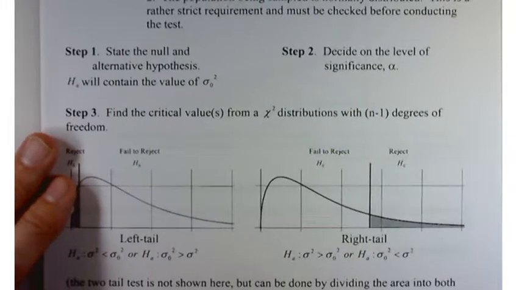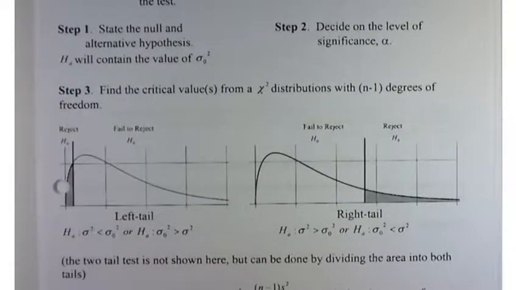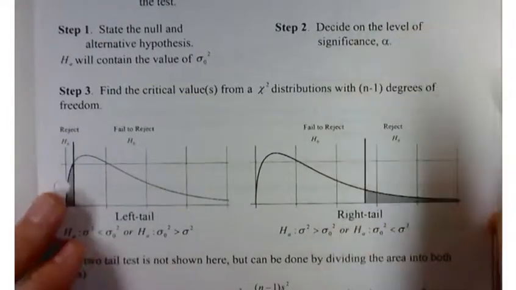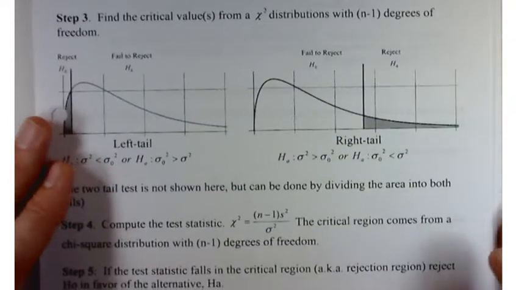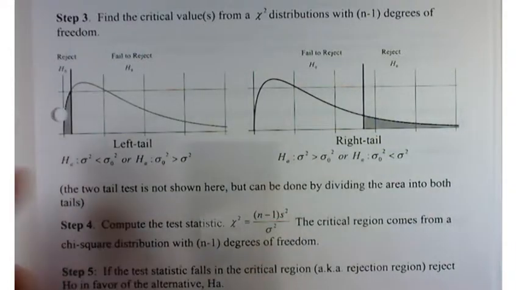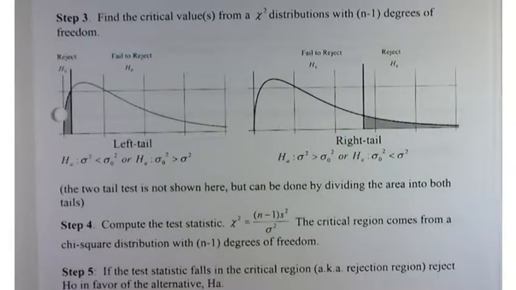Now, the overall test has this format, and it's the same basic 6 steps that we've been doing for our other tests. State your null and alternative hypothesis, decide on the level alpha. If you're doing it old school, what you would do is find some critical values in the tails of a chi-square distribution.